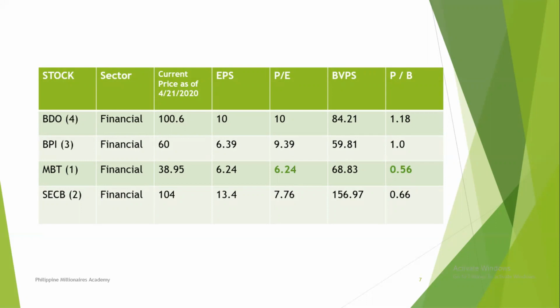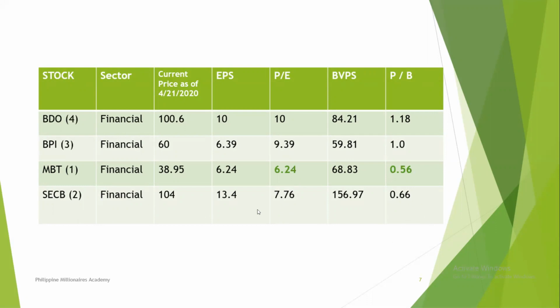So that means we can say that MBT is cheaper than the other stocks mentioned here. So it is the cheapest among these four. Next to MBT is Security Bank, which has PE 7.76 and PB 0.66.